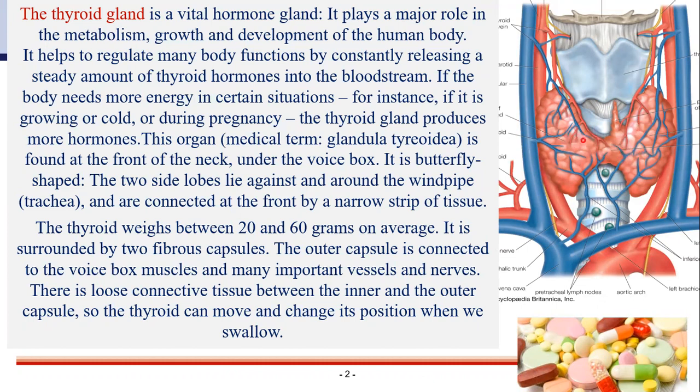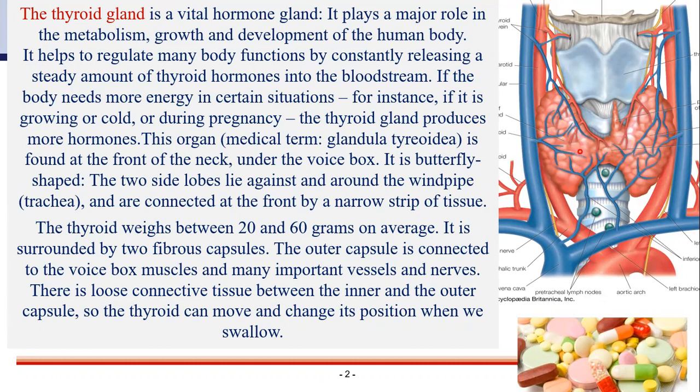The two side lobes lie around the windpipe or trachea and are connected to the front by a narrow strip of tissue. The thyroid weighs between 20 and 60 grams on average.